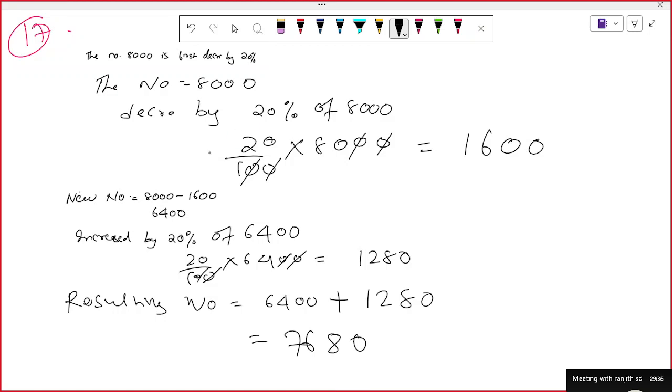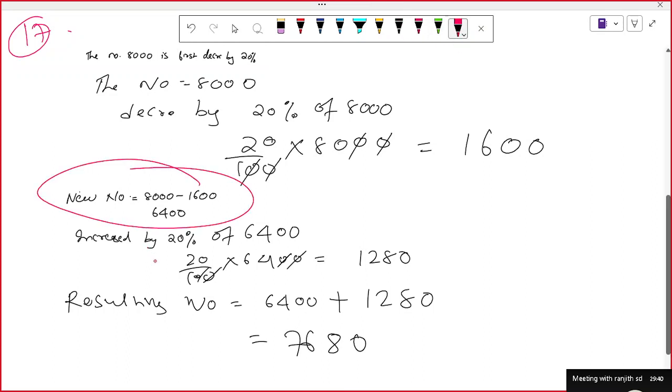Write it in your own words. After that, you have to increase by how much? Increase by 25%. There is no systematic way to write these words. You can frame your own sentence. That's it.